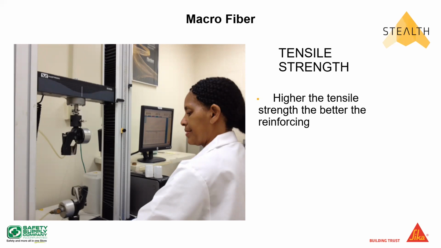So let me tell you something. When it comes to synthetic fiber and steel fiber, in most cases you can use a macro synthetic fiber anywhere you could use a steel fiber. Now I like to ask this question when I'm doing in-person presentations. I always ask, what do you think is stronger, a steel fiber or a macro synthetic fiber? And I'm talking about one fiber, just a single fiber.